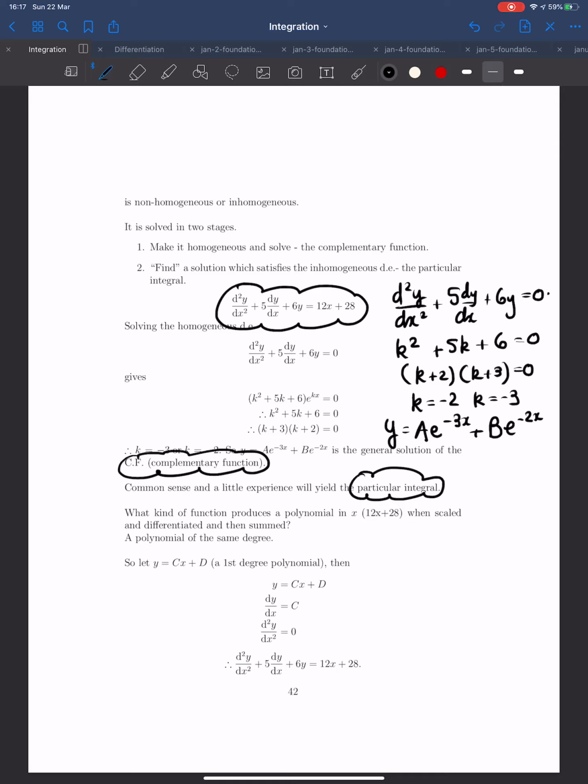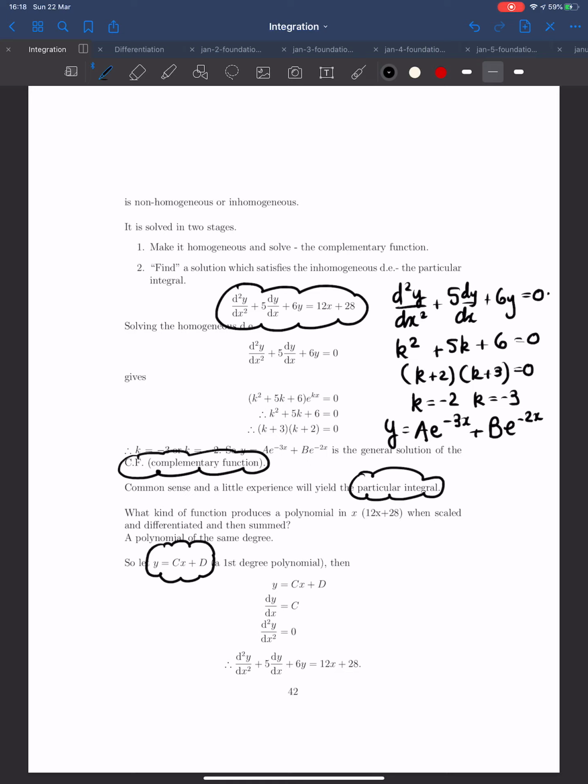Because we've got a linear 12x plus 28 on the right, we put in a cx plus d, because it's not necessarily going to be a 12 or a 28, but we've got to figure out what the c and the d is. So you put in a polynomial of the same degree as what's on your right-hand side.